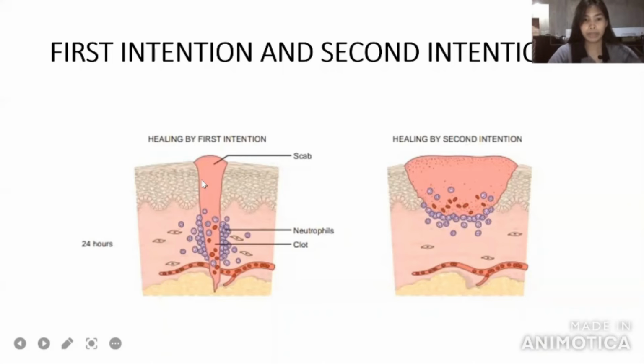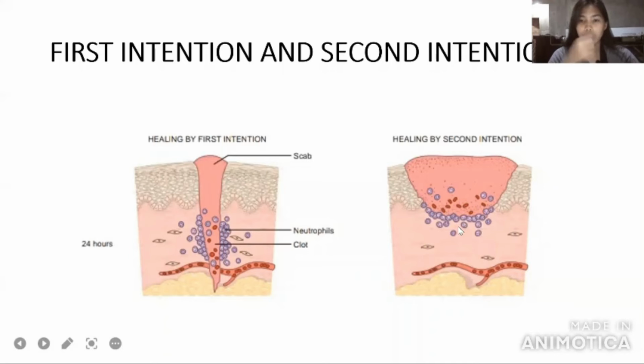So for healing by first intention, within 24 hours, neutrophils are seen at the incision margin migrating towards the fibrin clot. They release proteolytic enzymes that begin to clear the debris. Basal cells at the cut edge of the epidermis begin to show increased mitotic activity.